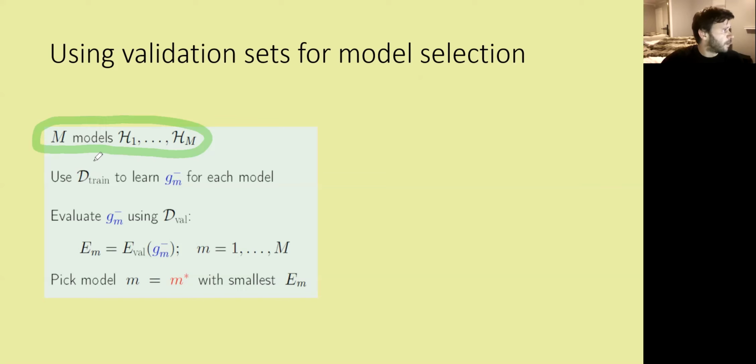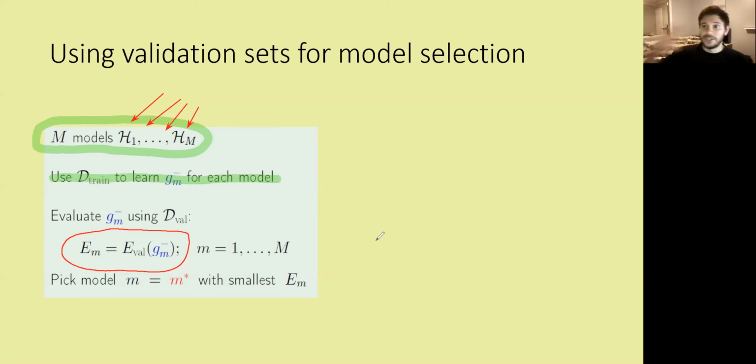So we have these different hypothesis sets, and we're going to use the training data to learn what the best hypothesis is for every single one of these different models. And then we're going to take each of those optimally calibrated hypotheses from each of those possible hypothesis sets and evaluate them against the validation set.